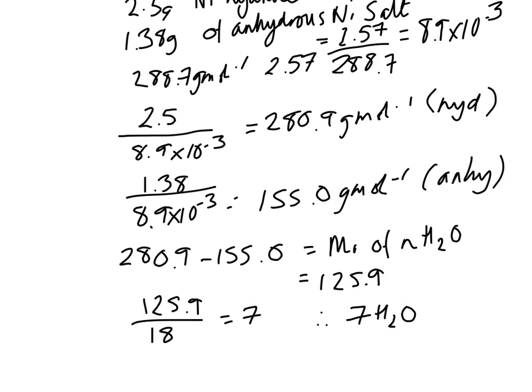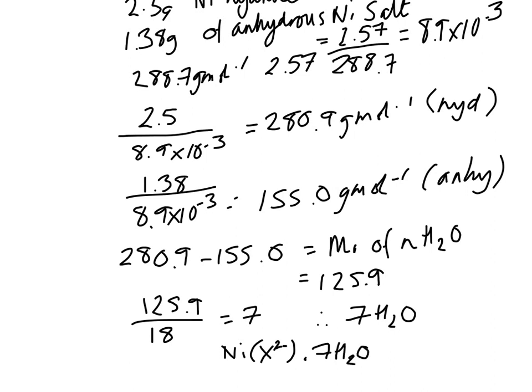We still haven't worked out what our anion is. So we're in this situation where we have Ni and then a negative ion that I'm going to call X and 7 water molecules.